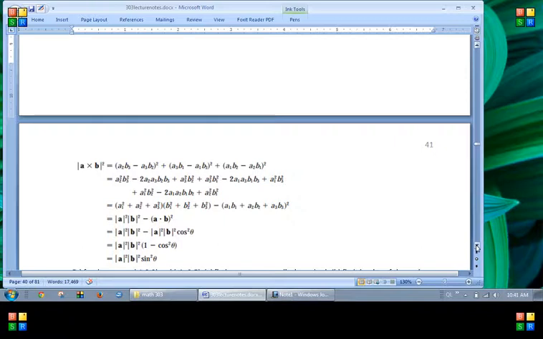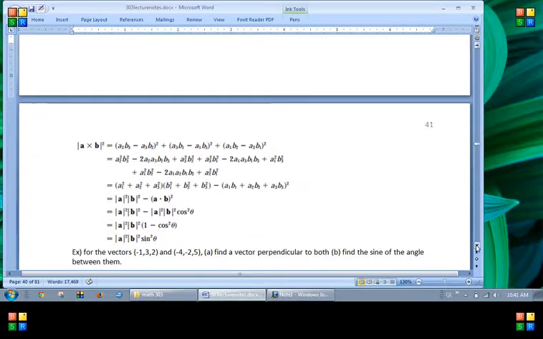As you can see, just as with most initial things in vector calculations, all you do is write everything down in the components and then move them around and rewrite stuff. And that's the proof.